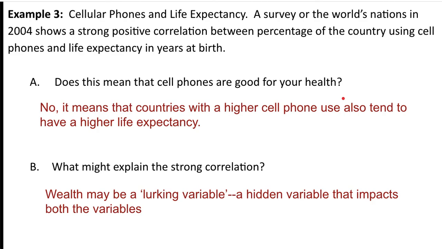And if they have more wealth, then they may also be able to afford better health care, which could be causing them to live longer. There may be other things in the background that are causing this as well. But just citing one possible thing and noting that it could be a lurking variable, which is that hidden variable that's affecting both the ability to own the cell phone and your life expectancy, just acknowledges you recognize there's something else that could explain the causation part.